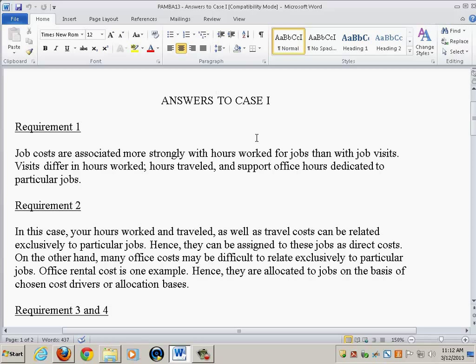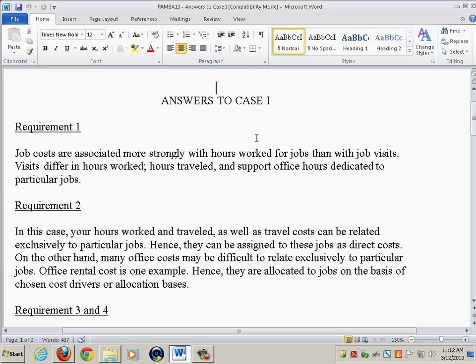if you use the number of visits, visits are not the same. There are short visits, long visits. There are visits where less work is done, and visits to customer premises where more work is done. Also, visits do not necessarily reflect the work that has been done in the office.